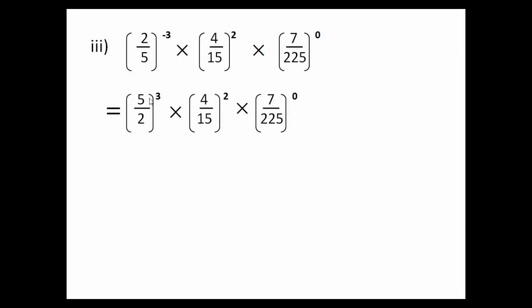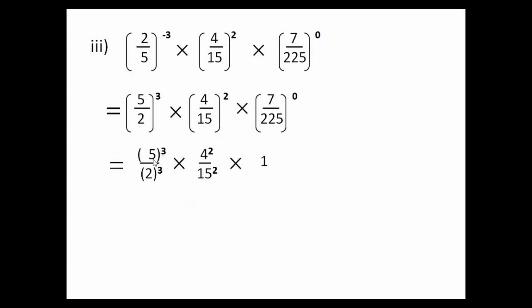And here we can distribute the power between the numerator and the denominator equally. So 5 raised to the power 3 and 2 raised to the power 3, 4 raised to the power 2 and 15 raised to the power 2 multiplied by 1. Anything raised to the power 0 becomes 1.